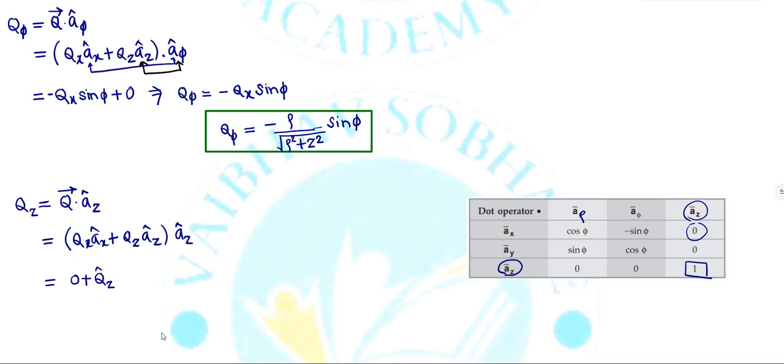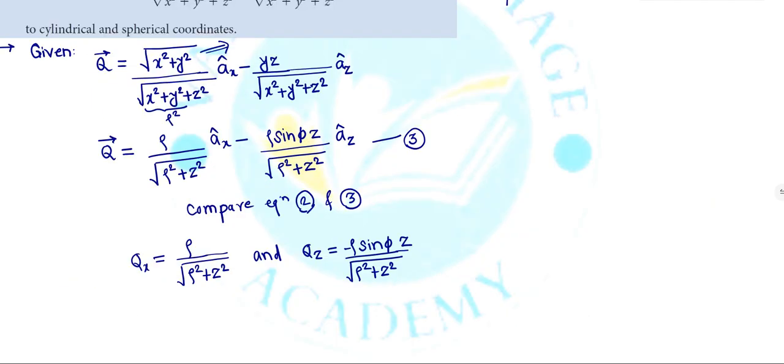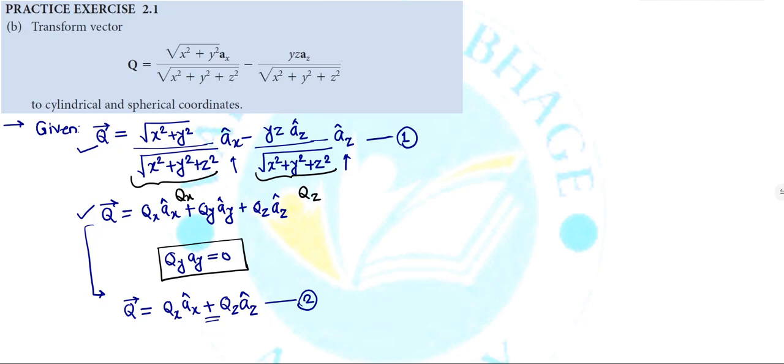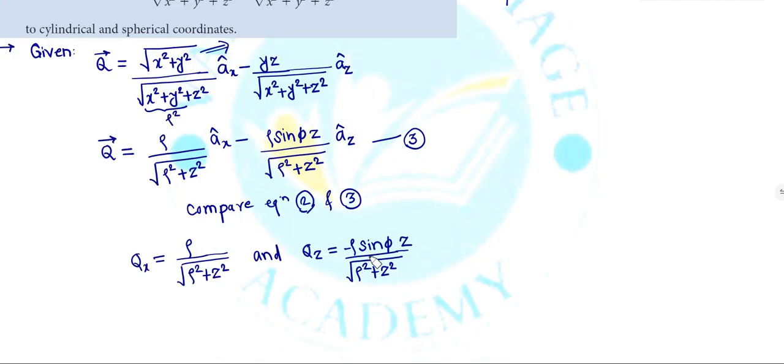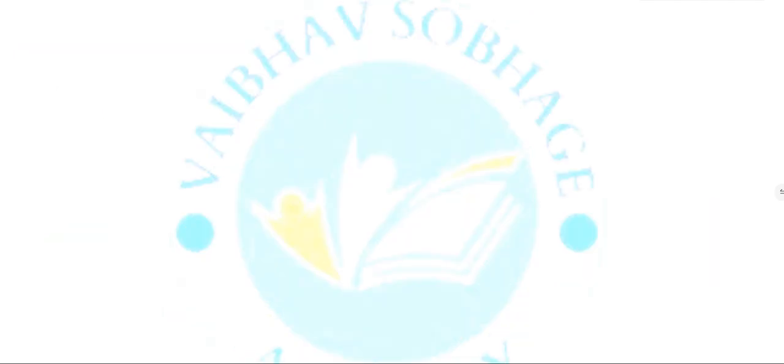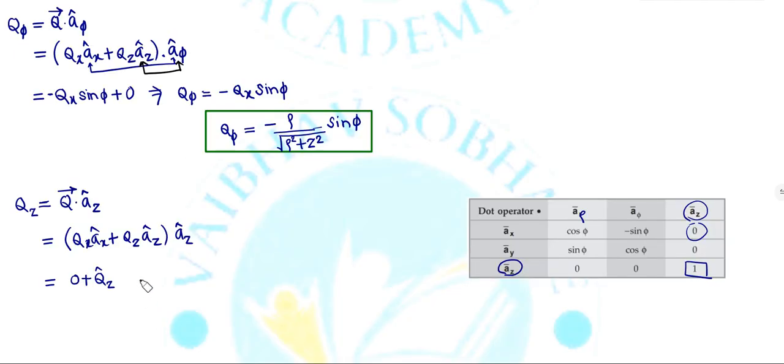And what is that qz? You can refer this previous slide. So we have this qz is equals to this one, minus rho sine phi z divided by square root of rho square plus z square. So you just put that value over here for your qz. So we have that qz is equals to what?